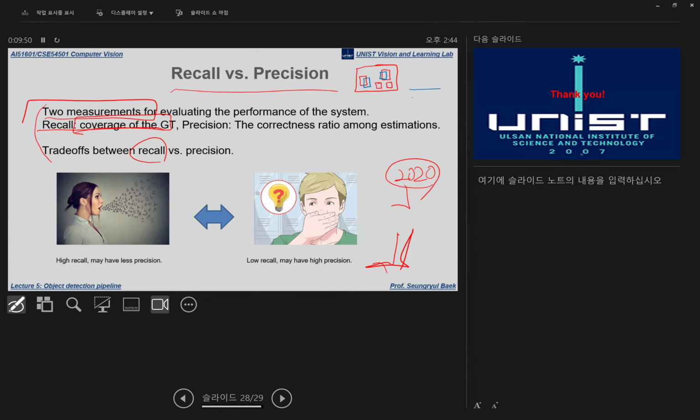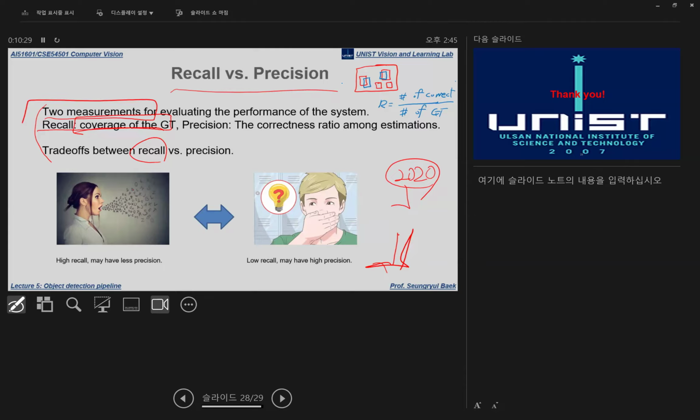50%. When calculating the recall, it is the number of correct predictions over the number of GT, ground truth. Now there are four objects in the image, but we only captured two objects correctly.